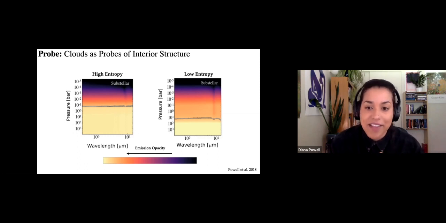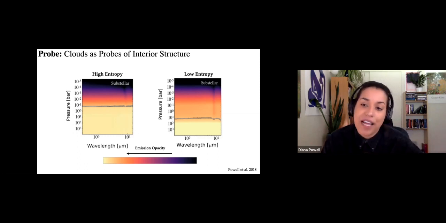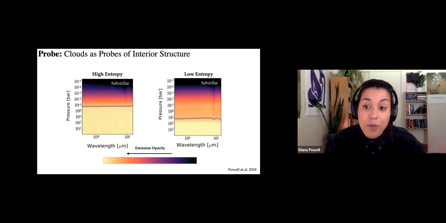So for the high entropy planet on the left, with a hotter interior, clouds are opaque as high in the atmosphere as 0.1 bar. But for a planet with a lower entropy interior, clouds only become opaque at around 10 bar, so much deeper in the atmosphere. So statistically, when we have a larger sample size, clouds may thus be able to serve as probes of planetary interiors as they are sensitive to planetary properties across different scales.